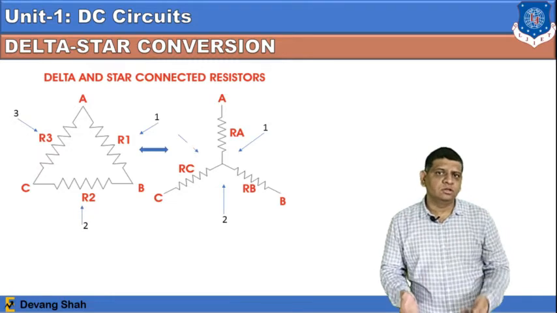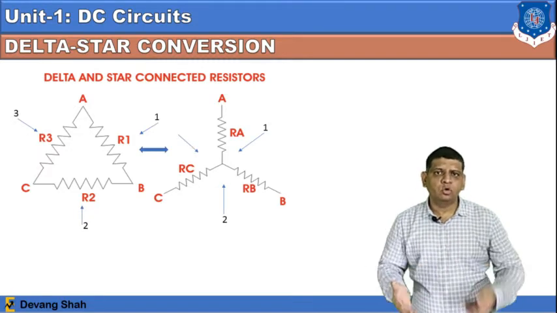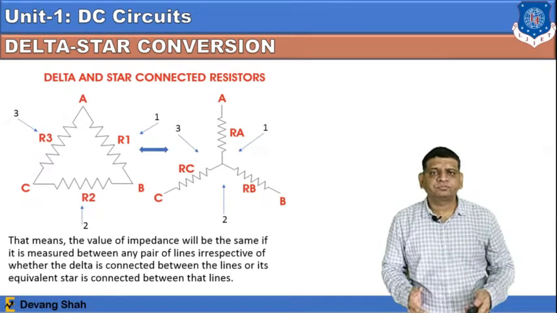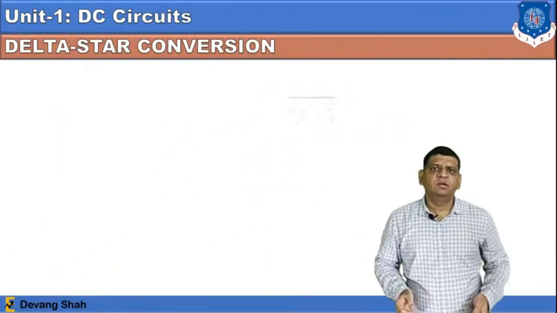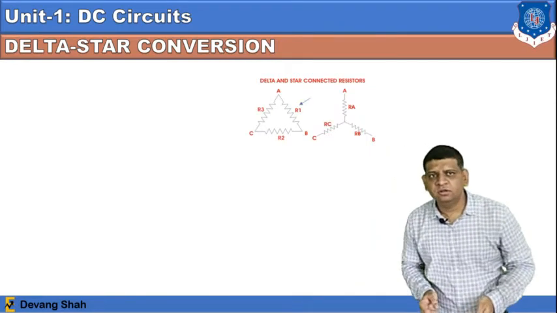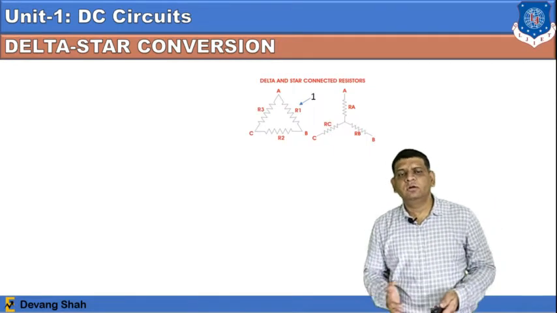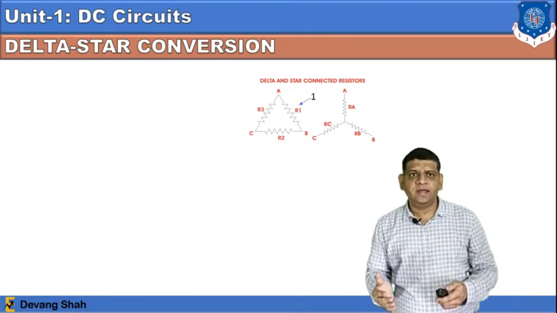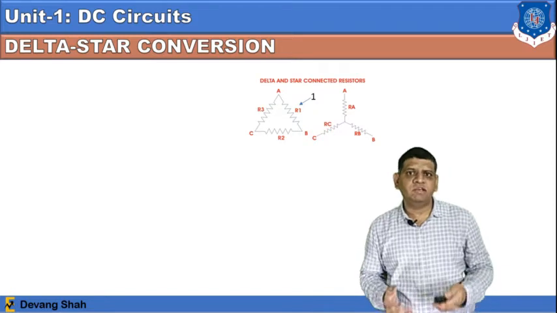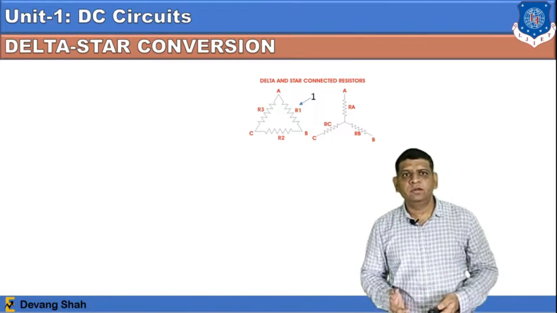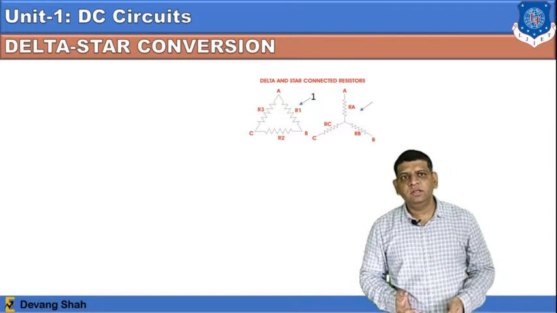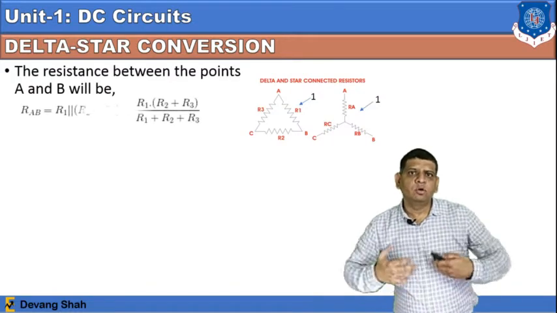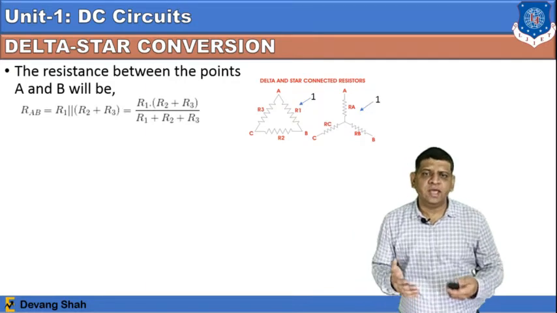Let's try to solve this particular conversion. Let's start with the first conversion, where I'm looking for the resistance offered by the delta between terminals A and B, and the same way the resistance between terminals A and B of the star network. Ultimately both are the same.